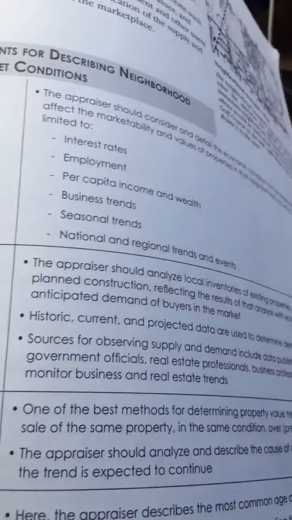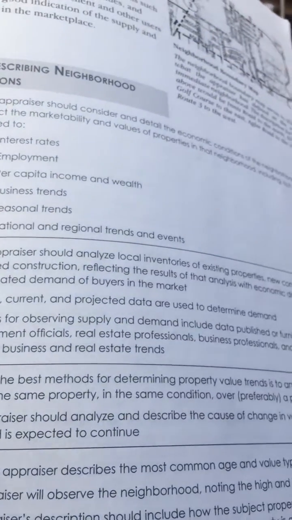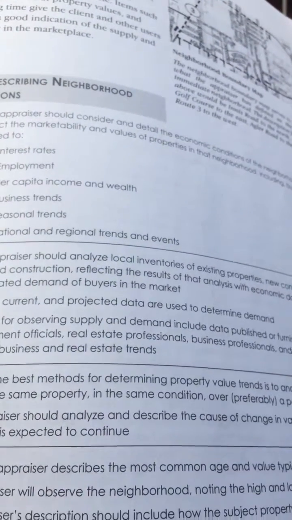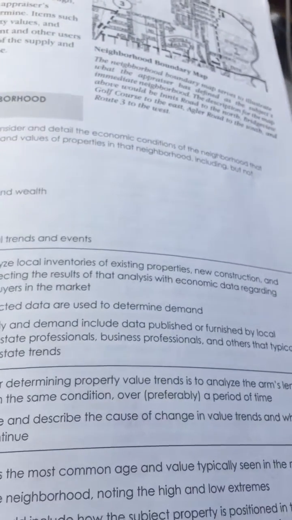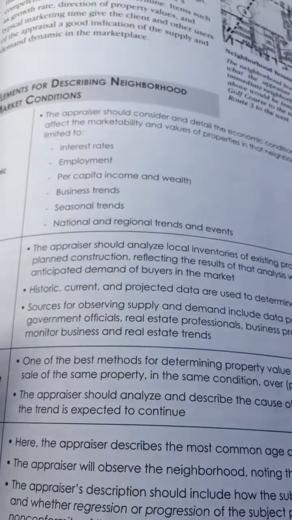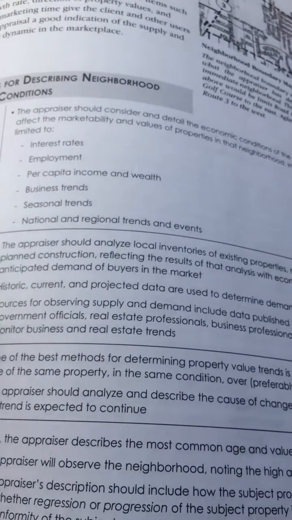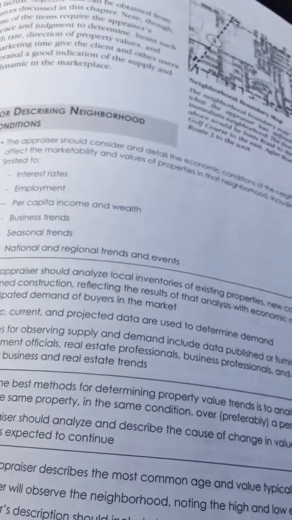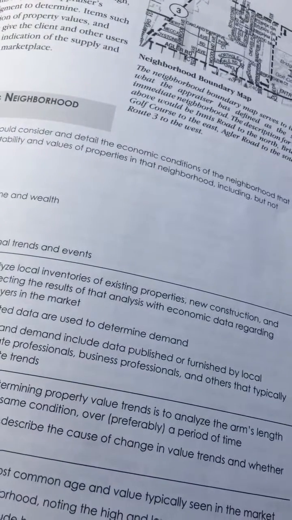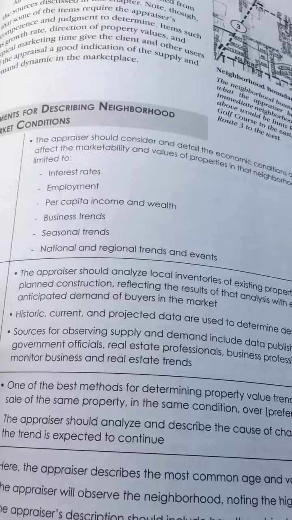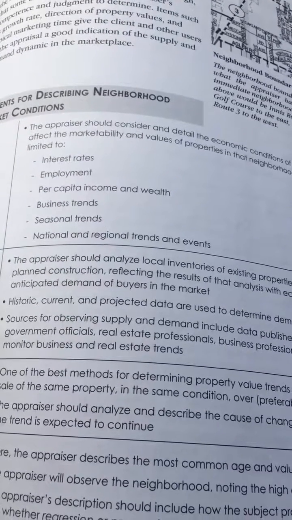Supply and demand. The appraiser should analyze local inventories of existing properties, new construction, and planned construction, reflecting the results of that analysis with economic data regarding anticipated demand of buyers in the market.